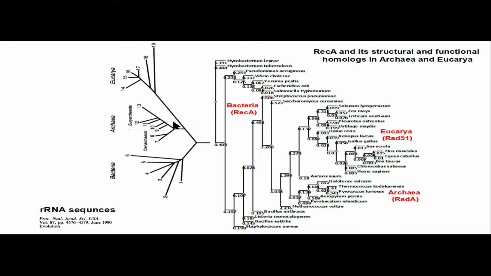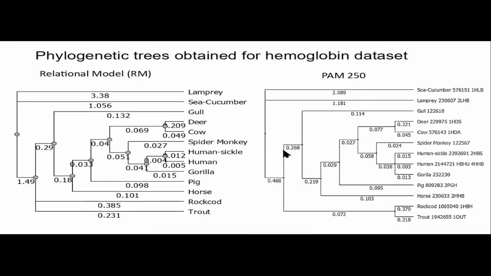So this is about synthesis of protein, but this is about repair of proteins through evolution. All three kingdoms are fully in line with the relational model, with relational tables, and it worked well. The other classic example we did is for a hemoglobin data set.